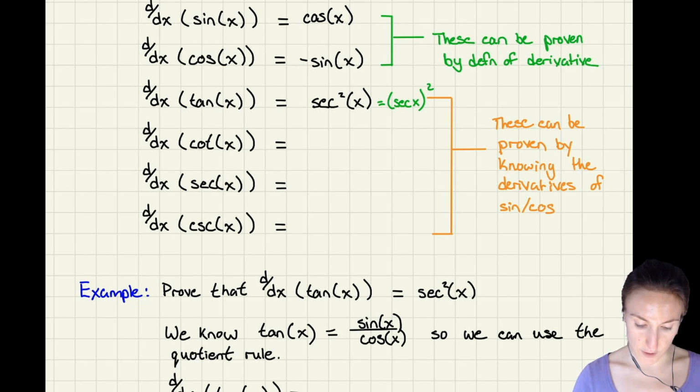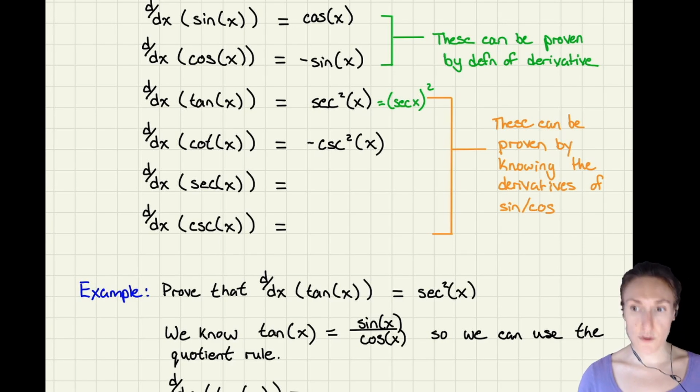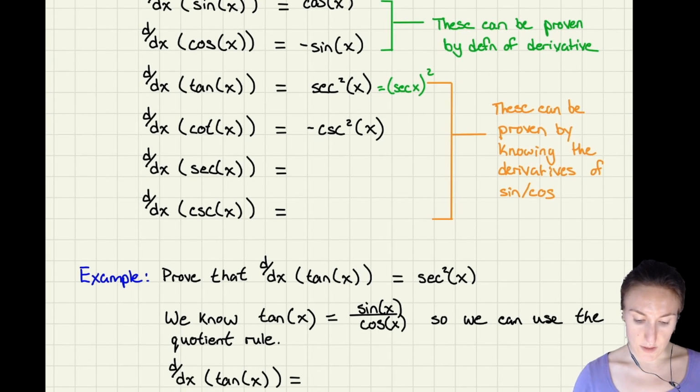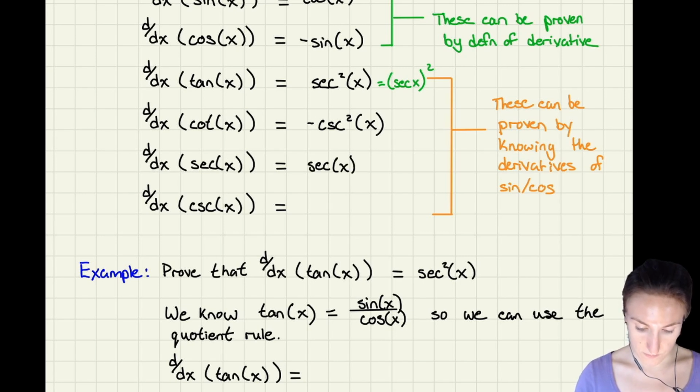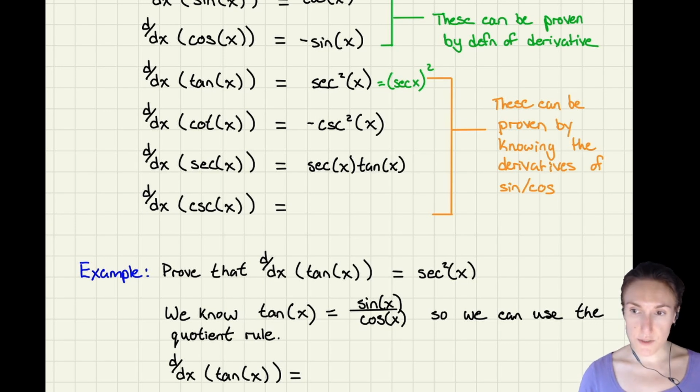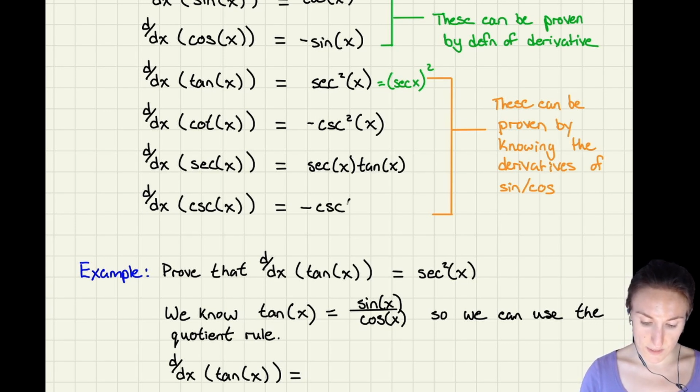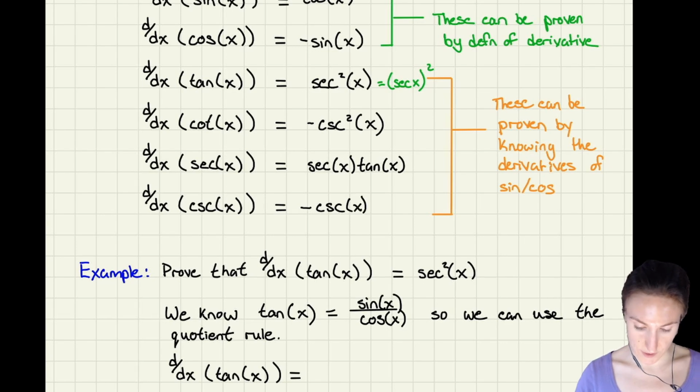Okay, so just make sure that you're okay with that notation. And then for cotangent, we have cosecant squared of x, and this one also has a negative. The derivative of secant, this one is secant tan. And then the cosecant, this one is going to also have a negative: cosecant x, cotangent x.